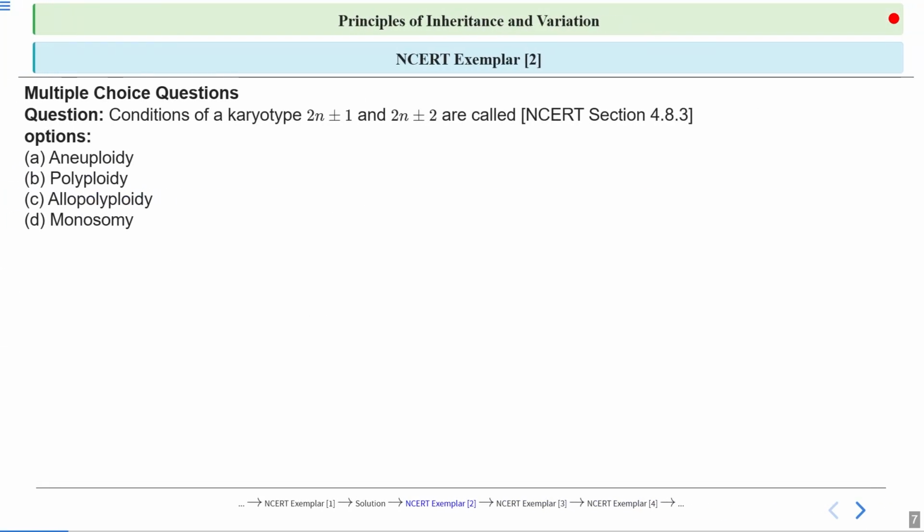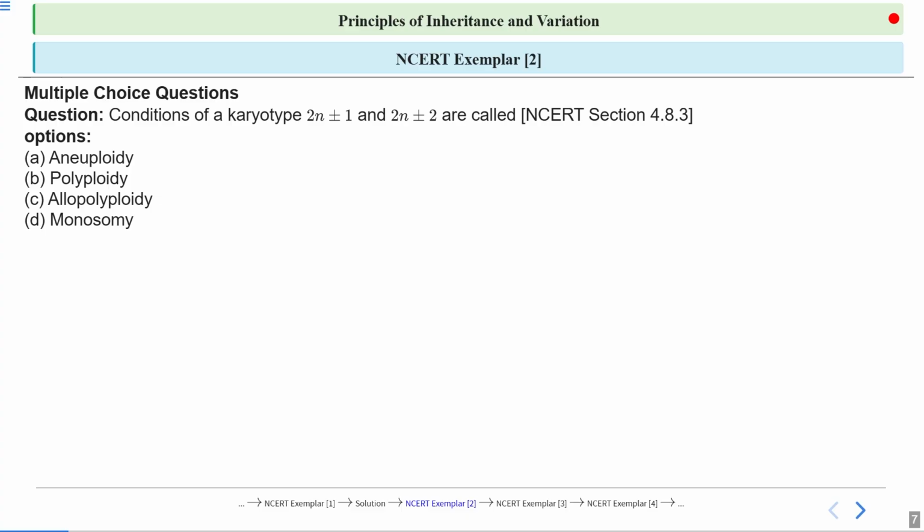Next question: conditions of karyotype 2n plus or minus 1 and 2n plus or minus 2 are called. So you can see there is a gain and loss of chromosomes happening here. Gain of one chromosome or loss of one chromosome, and in 2n plus or minus 2 there is a gain of two chromosomes and loss of two chromosomes. Options are aneuploidy, polyploidy, allopolyploidy or monosomy.